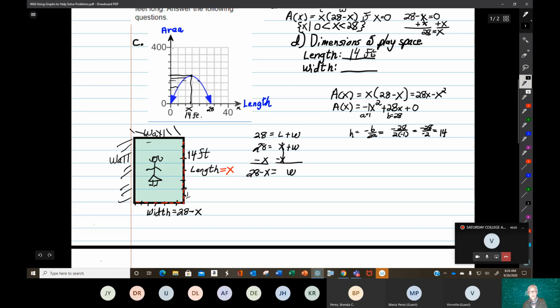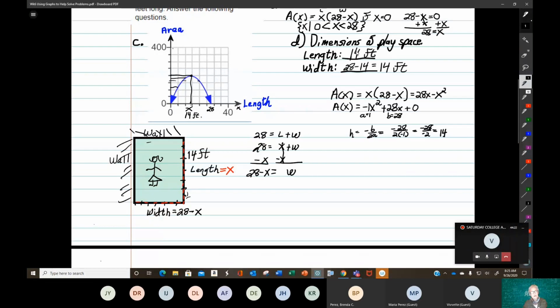And now I have to find the width. The width is 28 minus x. That'd be 28 minus 14, which is also 14 feet. The width does not appear on the graph at all. You have to calculate the width from having found the length.